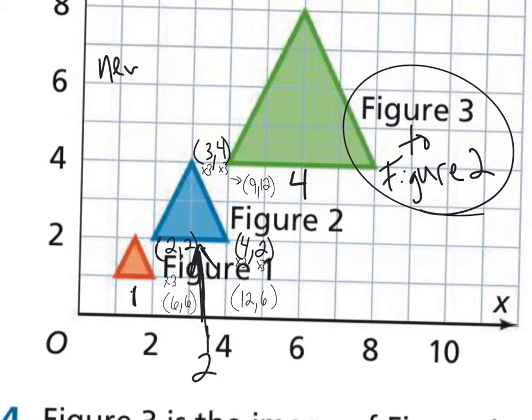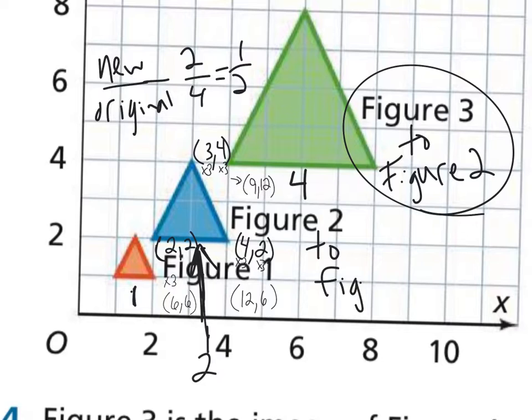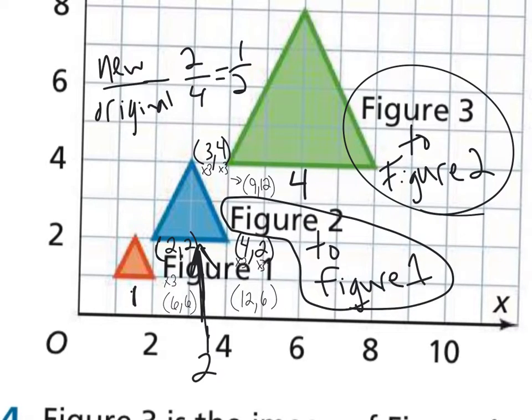Remember, it's new over original. Our new side length is 2, our original side length was 4, and 2/4 reduces to a half. Another option would be figure 2 to figure 1, because our new side length is 1, our original side length is 2, and that already is showing as a 1/2 scale factor.